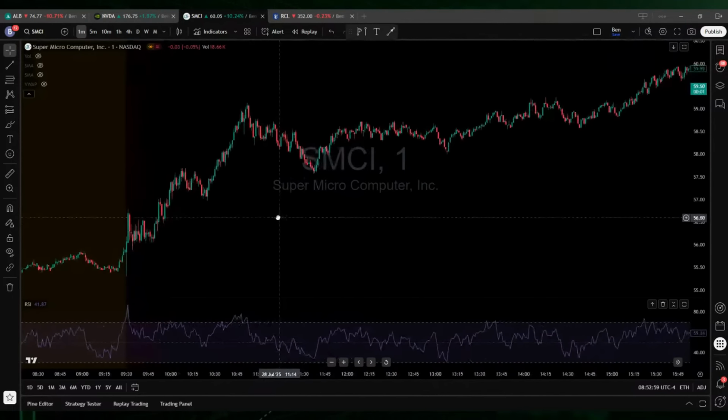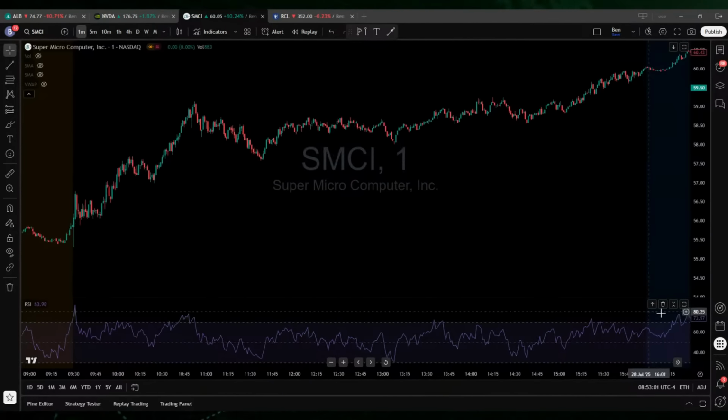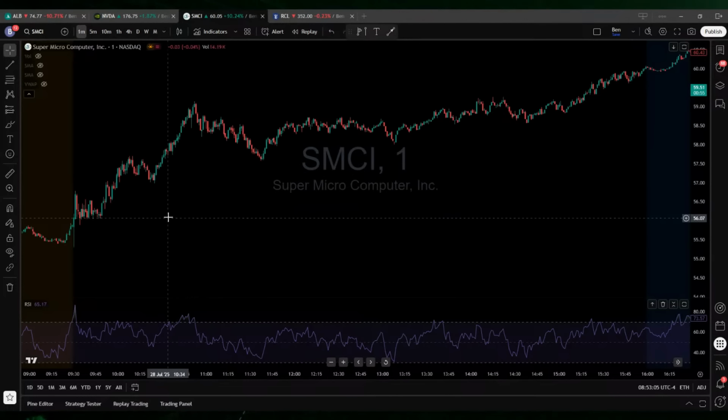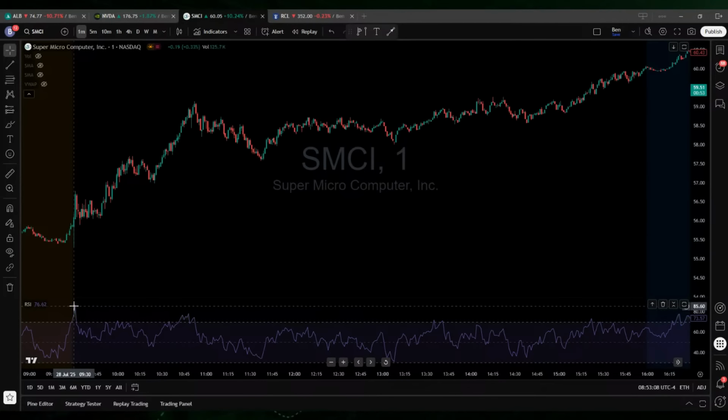So here's what I love to see. RSI is a great indicator to show when something's oversold or overbought. Here we have the RSI, Relative Strength Index, on the daily time frame that starts from 85 and it chops back below, hits the 50, gets back above 70.